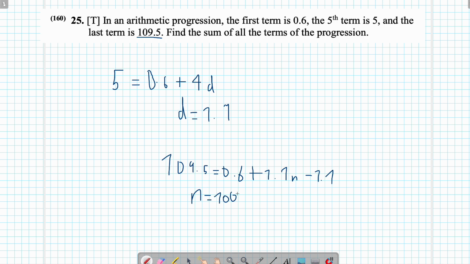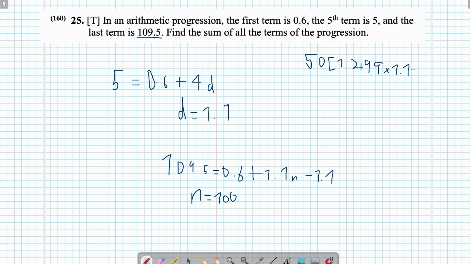And then they want the sum of all of the terms. So what we are going to do is use the sum rule. n over 2, which is 50 in this case, times 2a1, which is 1.2, plus 99 times 1.1.